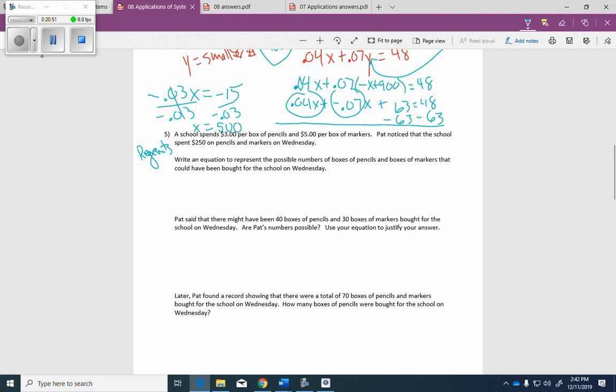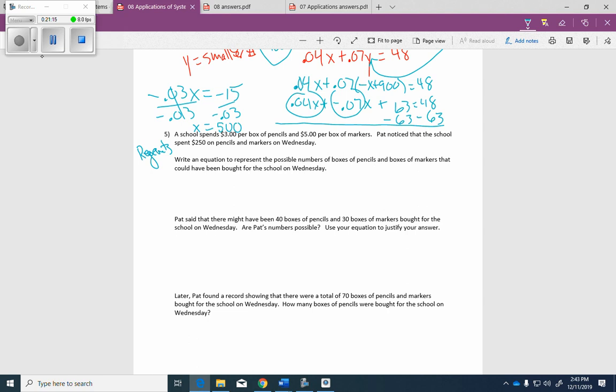We have to write an equation and represent the possible number of boxes of pencils and boxes of markers that could have been bought for the school on Wednesday. Write an equation. A school spends $3 per box of pencils, $5 per box of markers.